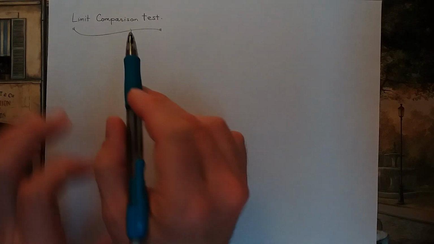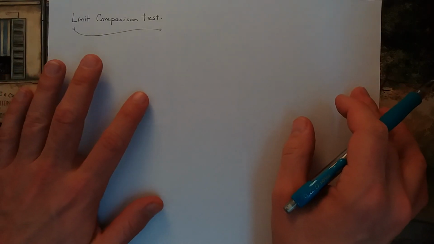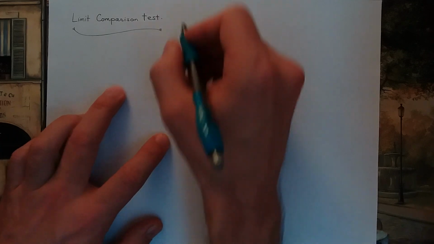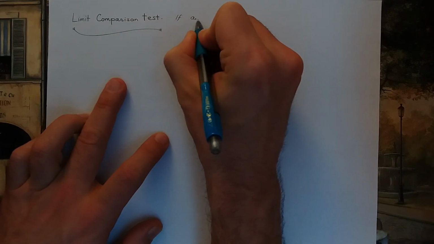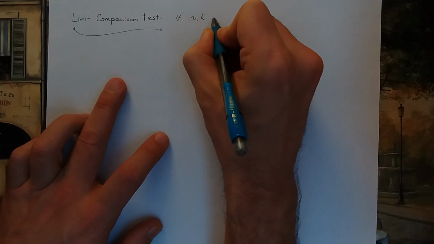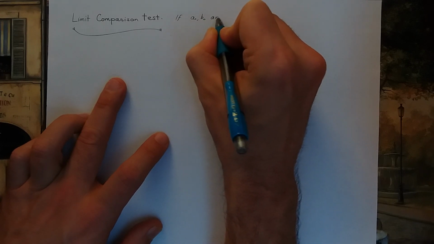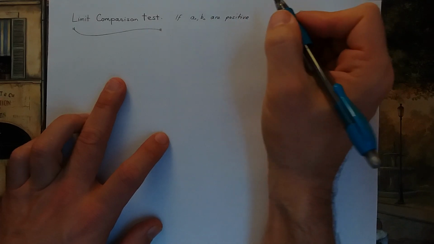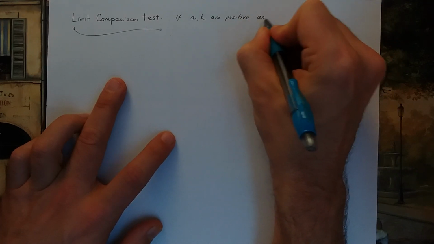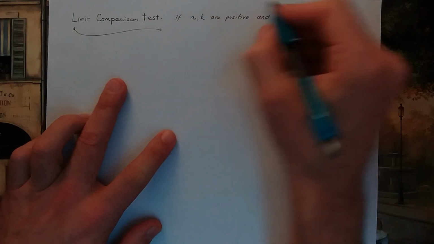All right, let's look at the limit comparison test. Related to the direct comparison test, it's similar in that I need to have a_n and b_n be positive. But this time, I look at a limit.